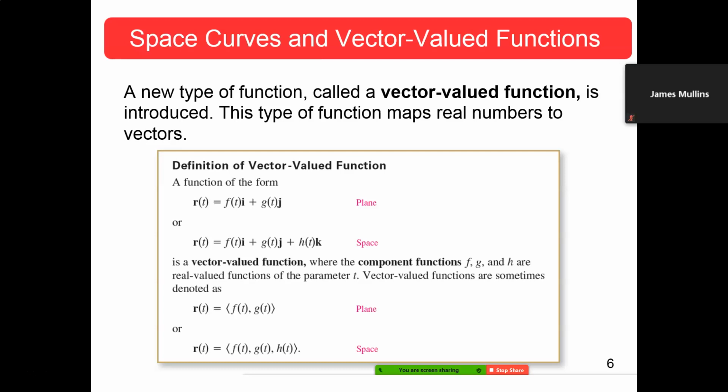The vector valued functions are sometimes denoted this way. r of t in the plane would be open angle bracket, f of t, comma, g of t, close angle bracket. Or in space, r of t would be open angle bracket, f of t, comma, g of t, comma, h of t, close angle bracket.